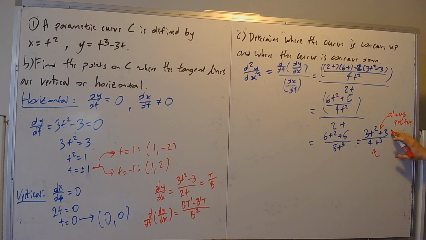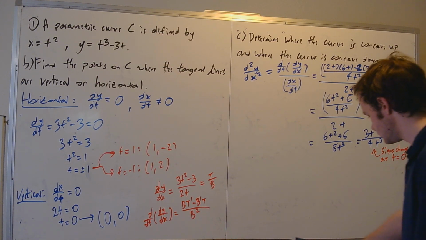We know the numerator is always positive, and the denominator changes signs at t equals 0. So we know that if t is less than 0, then this whole fraction is going to be negative. And if t is greater than 0, then this whole fraction is going to be positive, right?